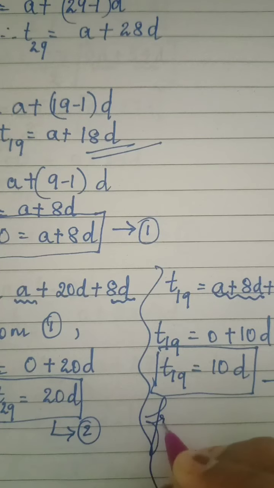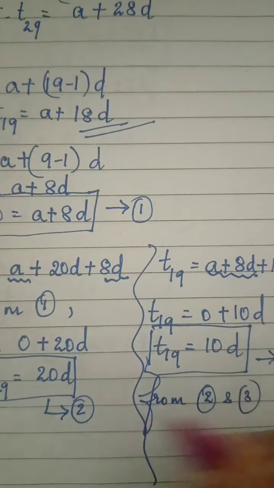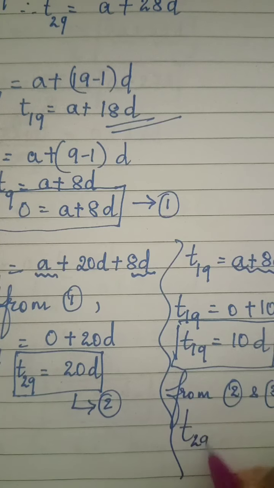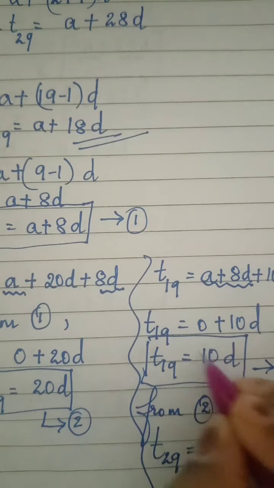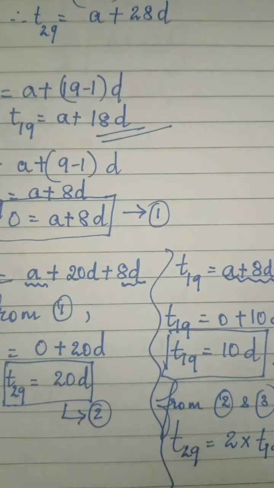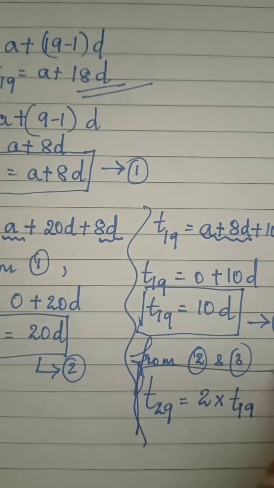From 2 and 3 you have T29 is 2 times T19. If you multiply T19 here by 2, you will get 20D, which is equal to T29. Hence, proved. Put it in a box.